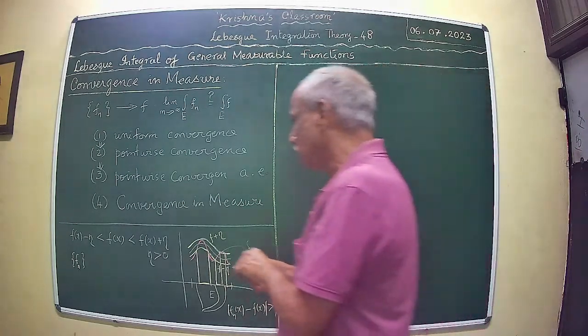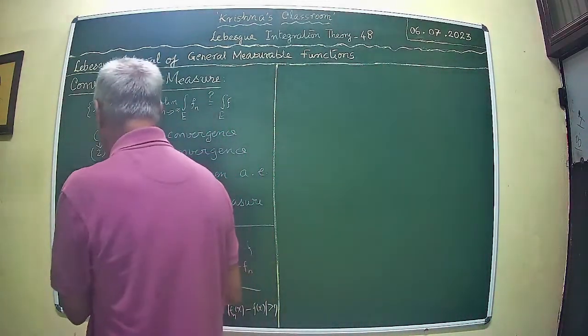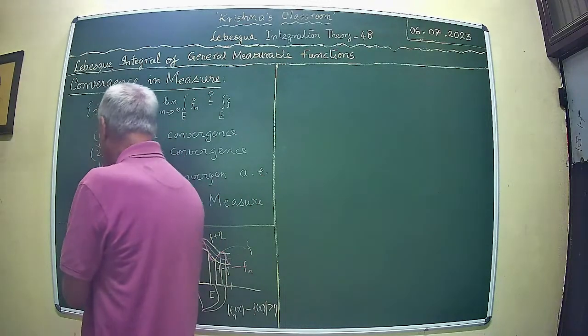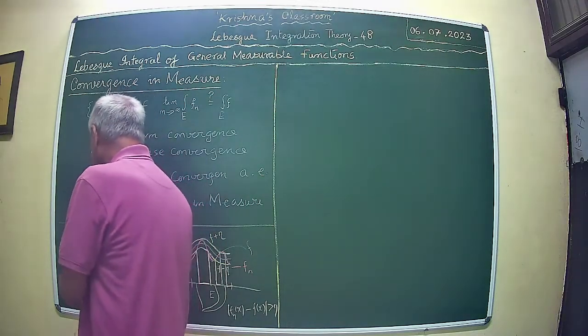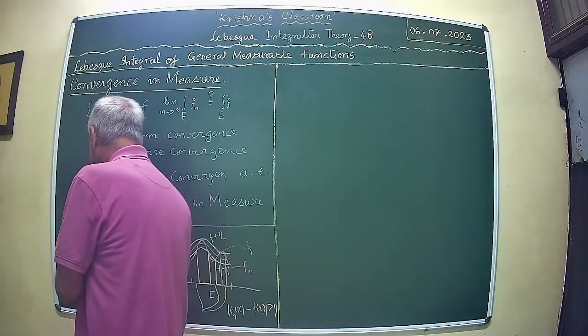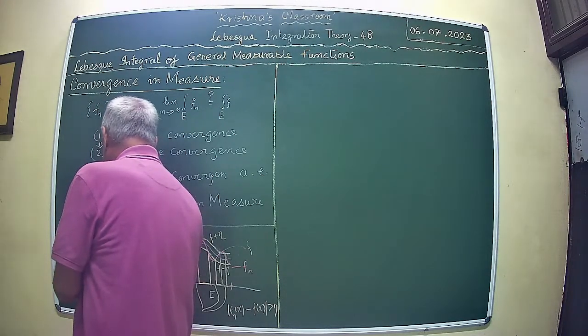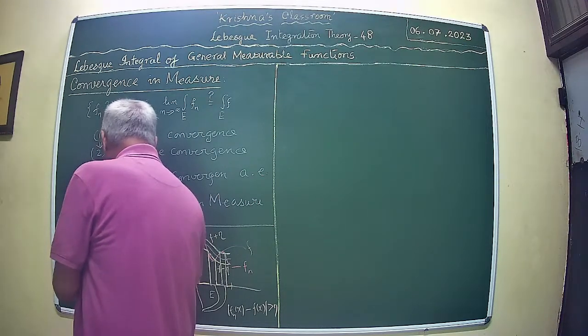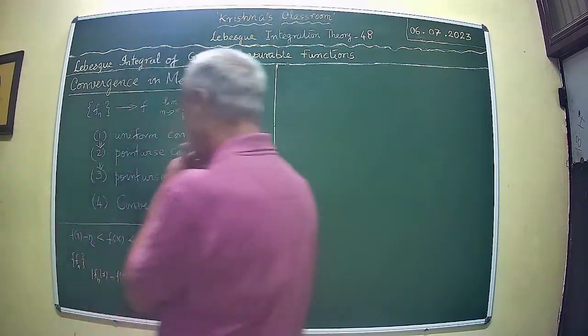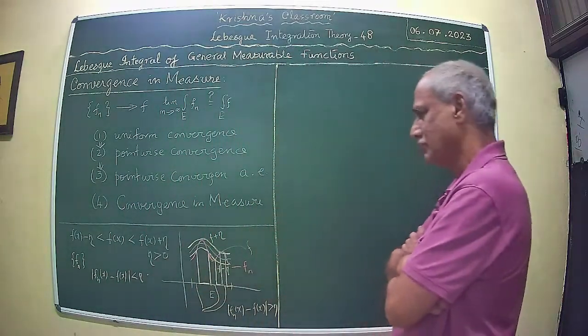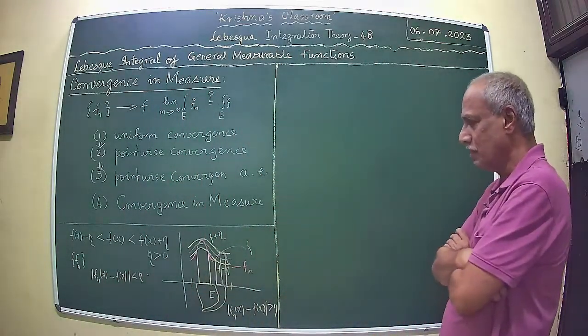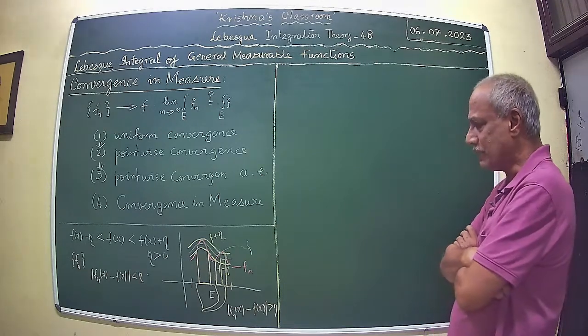So fn(x) minus f(x) will be less than eta.